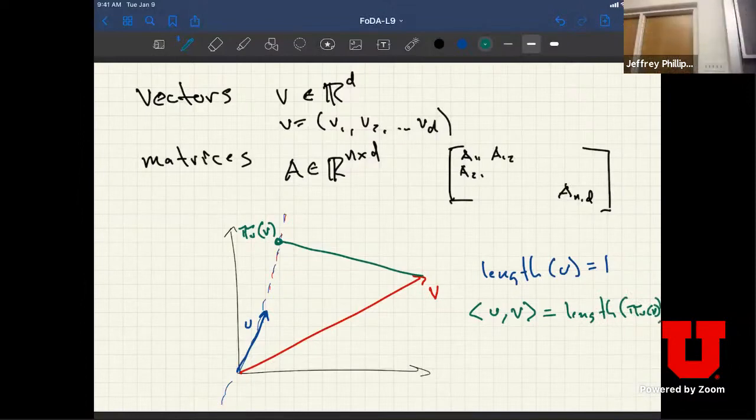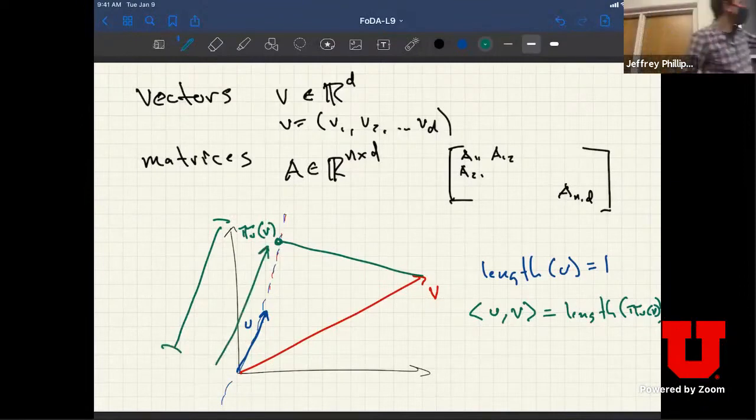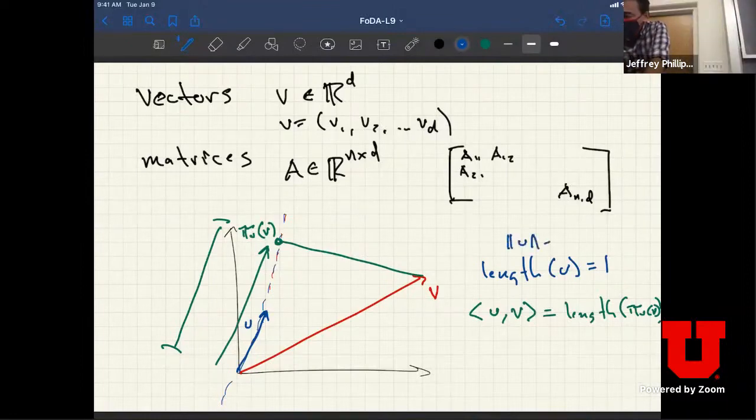Okay, so the length here, I measure from the origin. I can think of this now as this vector from the origin. I've offset it a little bit so you can see it, but it actually goes right through u. Right, the length of this vector is equal to this dot product as long as the length of u is 1. Okay, and I said that we could write this length of u equals 1 with this notation.